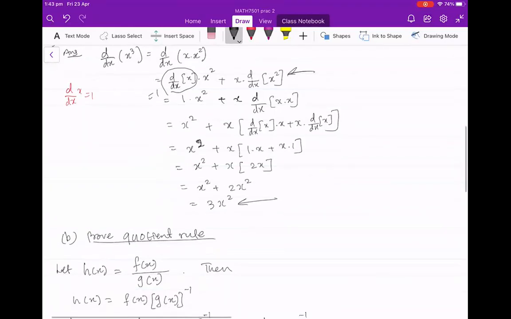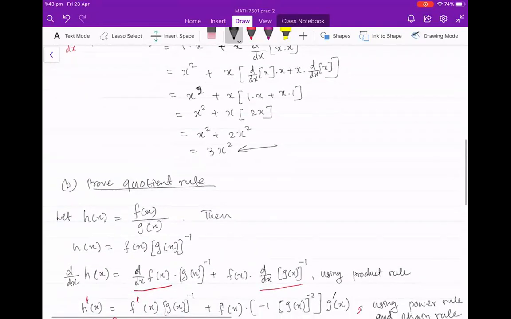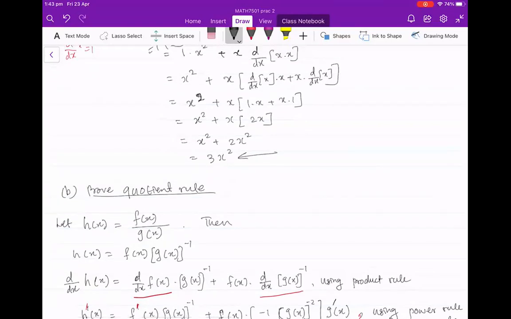Okay, let's say h is equal to f over g. Then we can write h in terms of the product of two functions, f(x) and g inverse, and then differentiate h with respect to x. Using the product rule, we arrive at this step. Is that step clear?